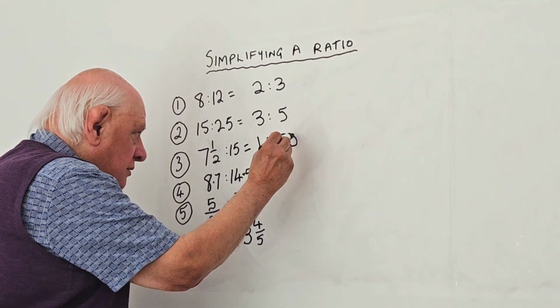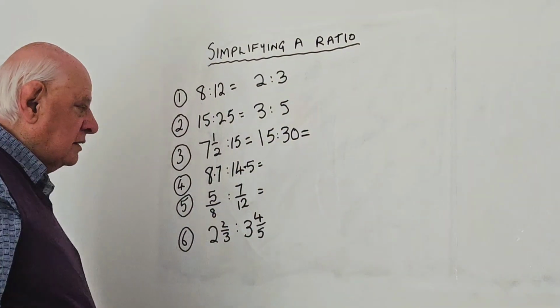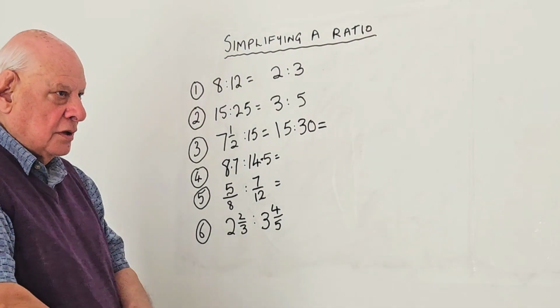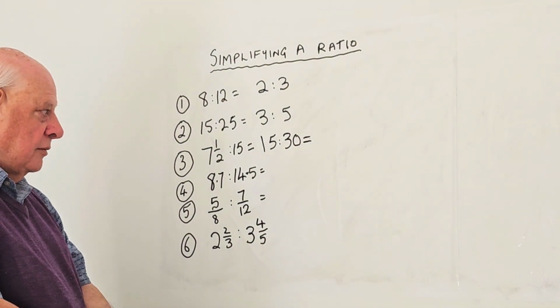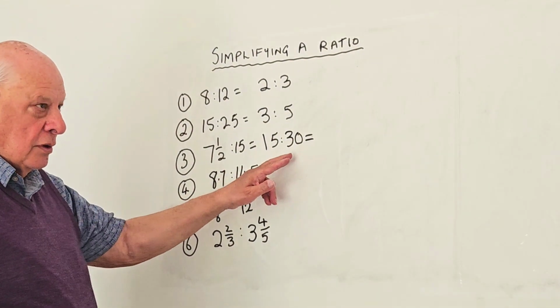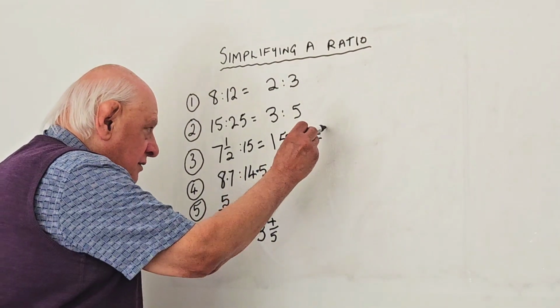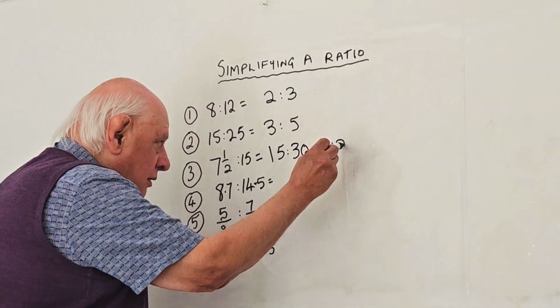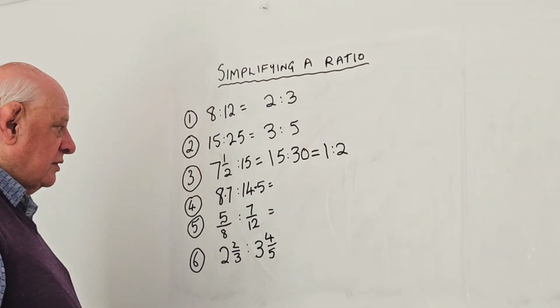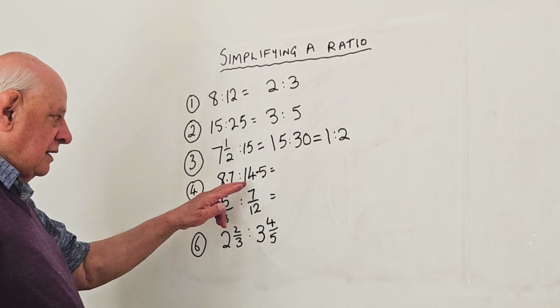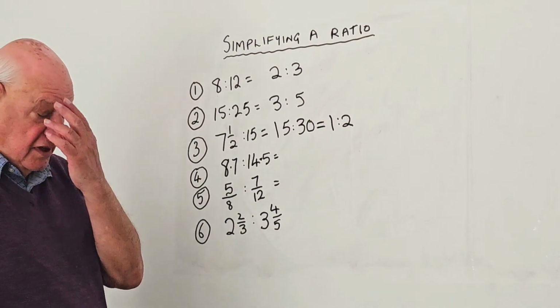You could leave the answer like that, but we can reduce it to smaller numbers if you can observe that both of those can be divided by 15, and that is just 1 to 2. Finished.